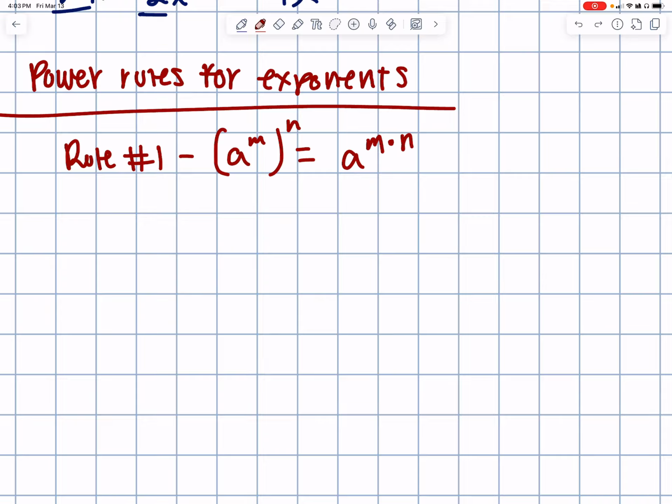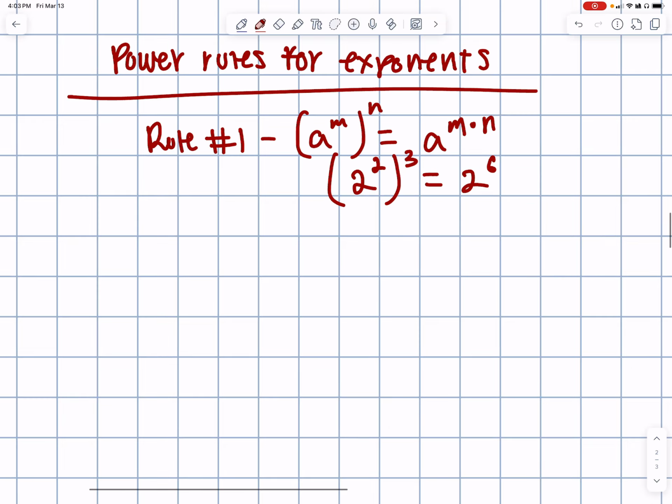Let's say we have 2 to the second power to the third power. Okay. We're going to keep the base because that's how it's shown. And we're going to multiply the 2 exponents. 2 times 3, 6. And that's your answer for rule number 1.